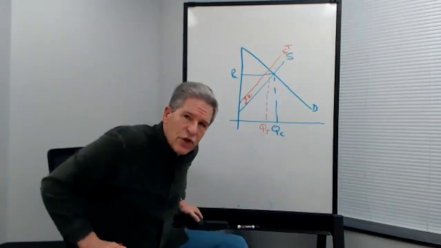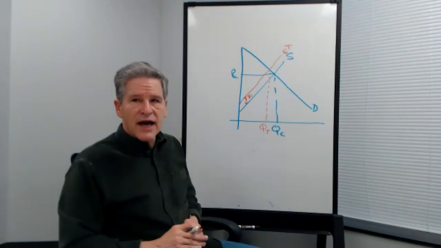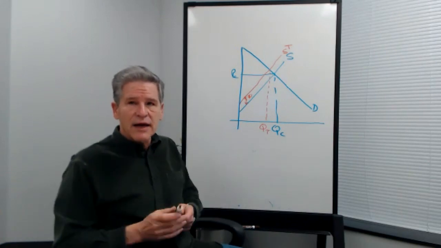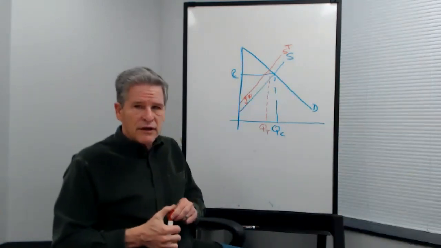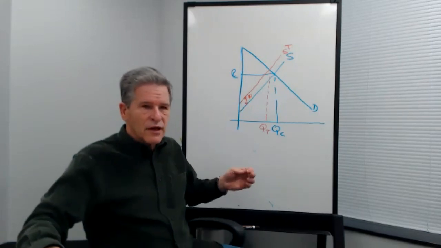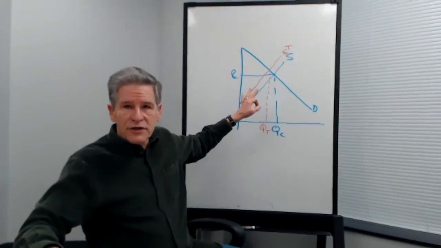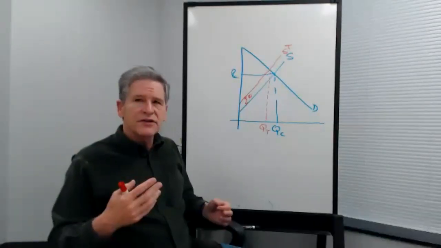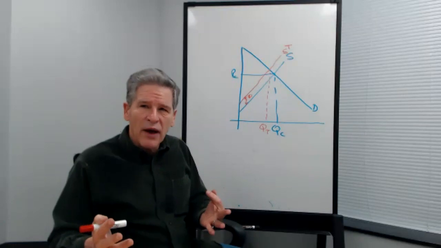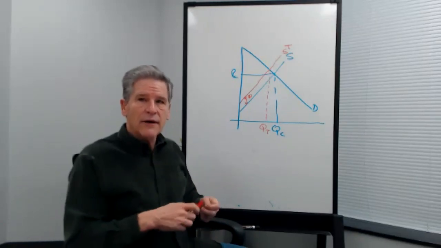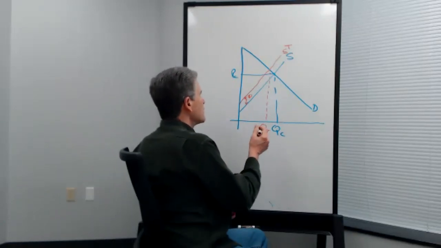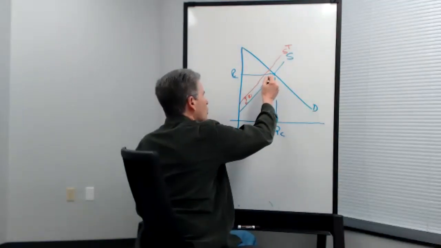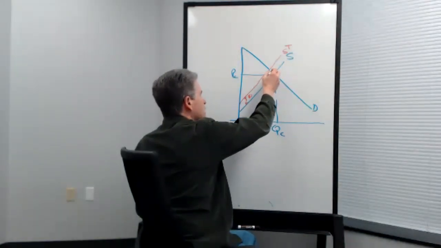Now, who is going to end up paying the tax? Because of the way I've constructed the example, the firms that are selling are the ones that write the checks to the government. Now you'd say, yeah, but who's really paying it? So let's look at what the new price is going to be.